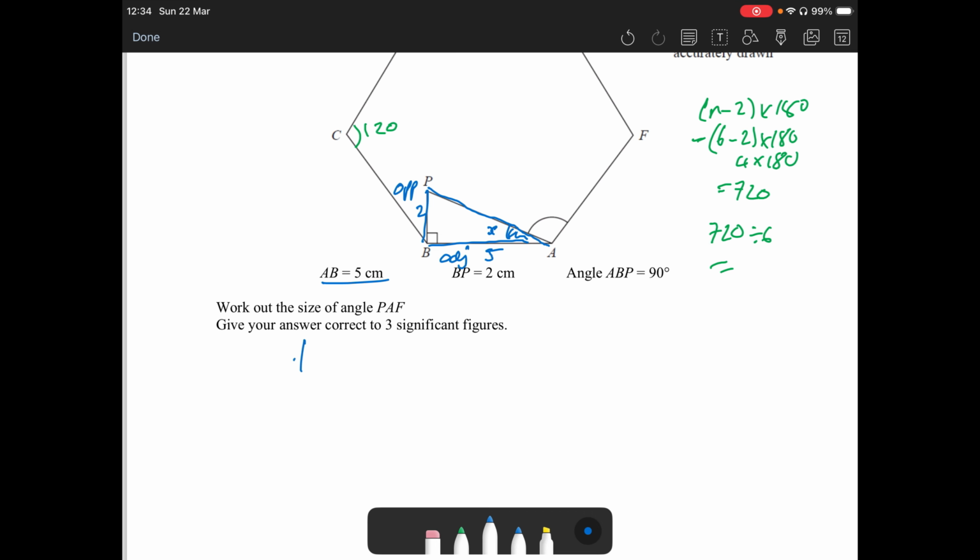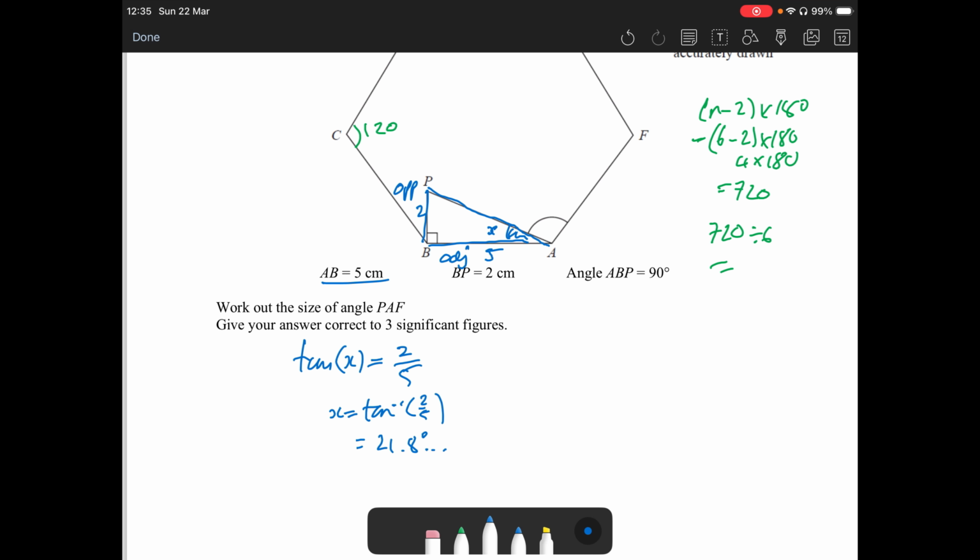I'm going to use tan. So tan X is going to be 2/5. Do the inverse, and that will tell me the angle X, which is 21.8 degrees. I have rounded that number.